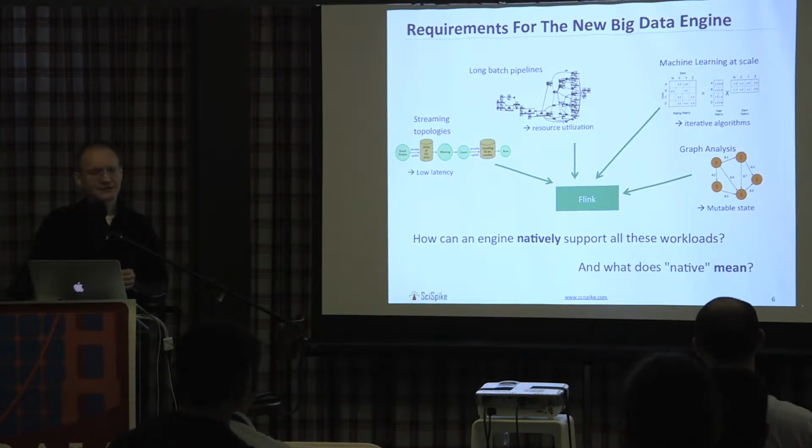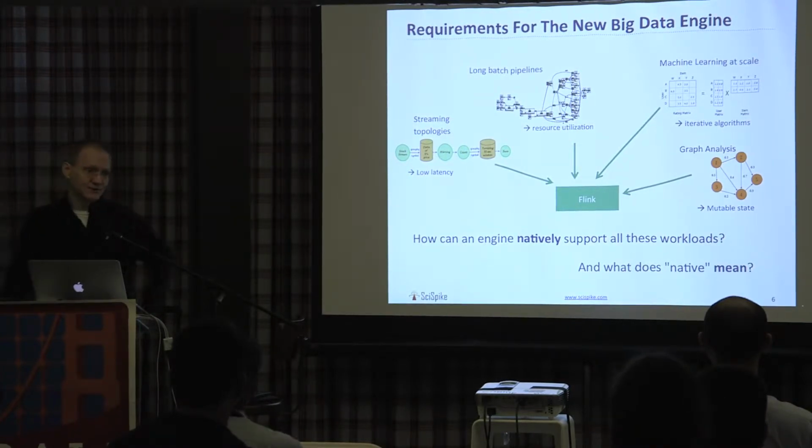The third aspect is that when you look into machine learning algorithms, you would like to be iterating. And this is something that traditional big data systems were not doing very well. And finally, there is a need in graph processing to maintain a mutable state, and various algorithms will be updating this state.